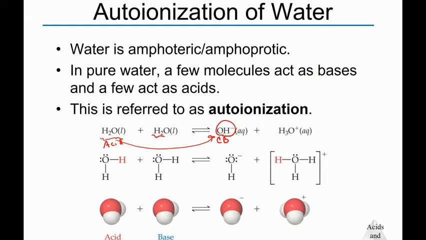And then another water molecule maybe behaves as a base and accepts a proton. And over here, we have what we call the conjugate acid, which is the hydronium ion. So in other words, water molecules naturally will accept a few protons and donate a few protons in any typical sample of water.